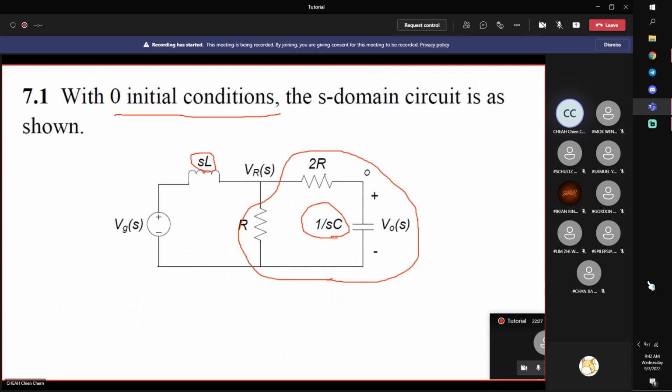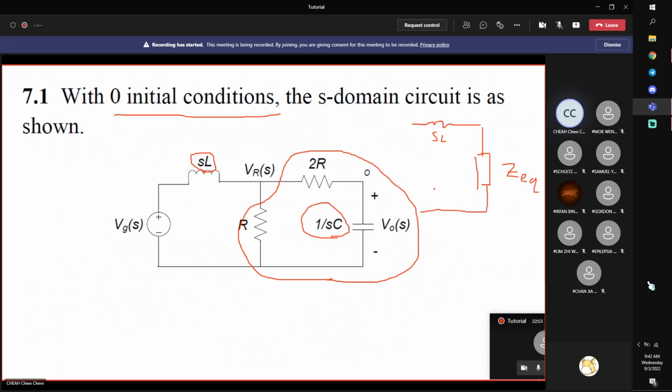Because if these two are resistors, you add them, R1 plus R2. Here it is just Z1 plus Z2. Then it will be in parallel with this, so you can simplify into one component, which means that your circuit will look something like that. SL plus 1 equivalent impedance.